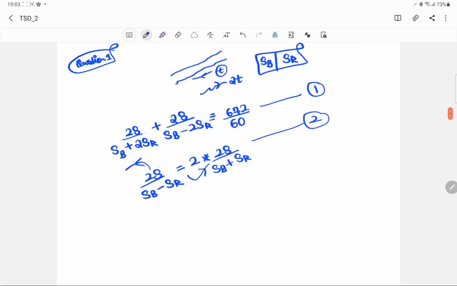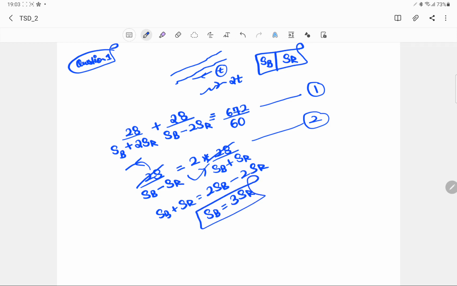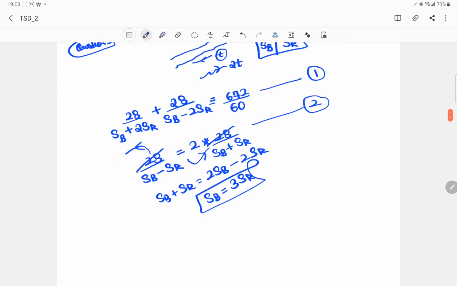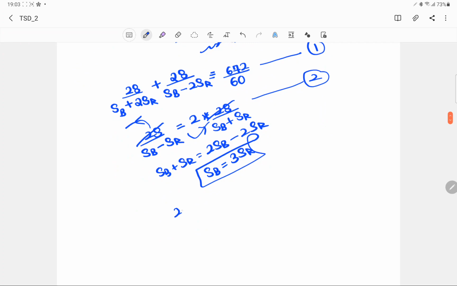So from equation 2 we can easily get that SB plus SR is equal to 2 times SB minus 2 times SR, and from here we can get SB is equal to 3 times the speed of the river. That is, the speed of the boat is 3 times the speed of the river. Substituting it in the first equation we get 28 upon 5 into the speed of the river, plus 28 upon 2 into the speed of the river, equals 672 upon 60.